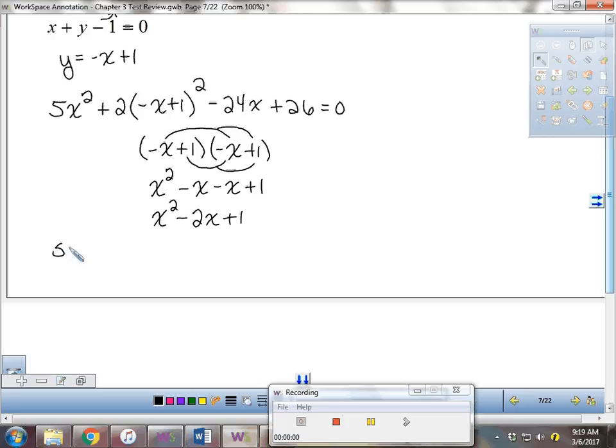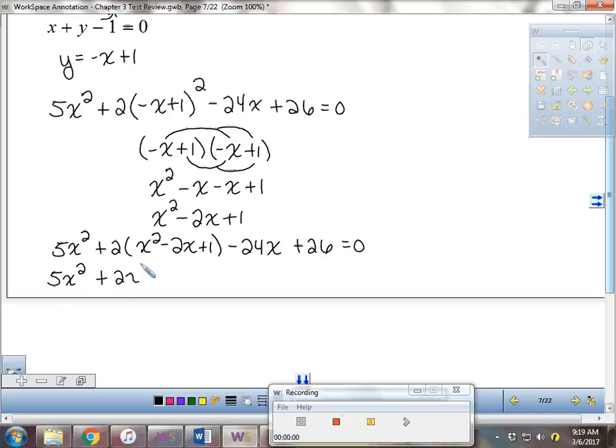So I'm going to write down what we have. So we have 5x squared plus 2 times all of this that we just did, minus 24x plus 26. So we need to distribute that 2. So 5x squared stays out front. So now we have 2x squared minus 4x plus 2 minus 24x plus 26.